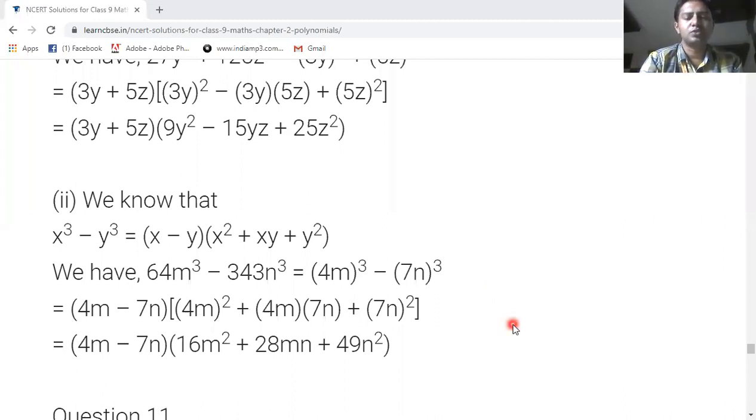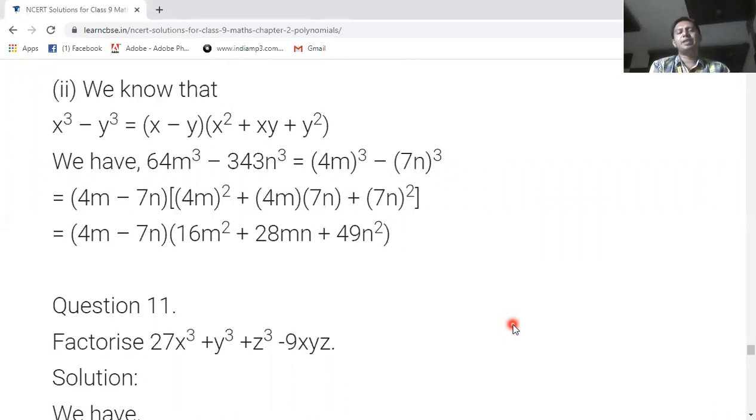Now the next question in front of us is question number 11. We need to factorize 27x cube plus y cube plus z cube minus 9xyz. Remember identity 8 mentioned in the NCERT book. The identity says a cube plus b cube plus c cube minus 3abc is equal to (a plus b plus c)(a square plus b square plus c square minus ab minus bc minus ca).